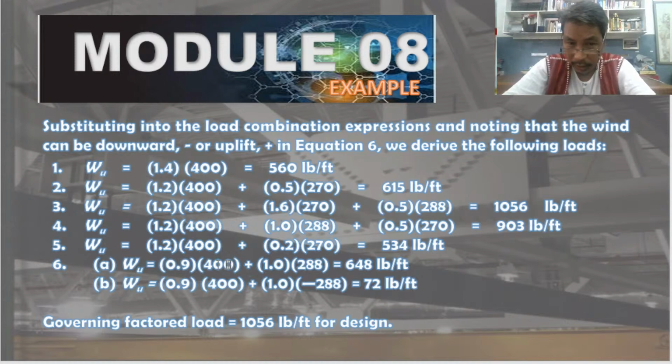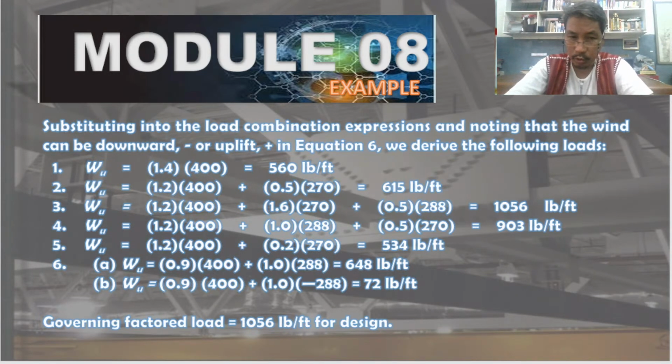That is 0.9 dead load plus 1 times positive 288. And the other one, letter B, is 0.9 times dead load plus 1 times negative 288. So if you use negative, it will become 72. If you use positive, it will become 648.